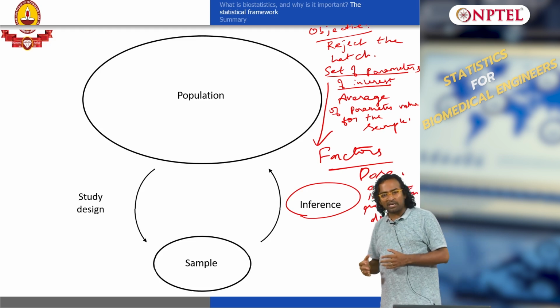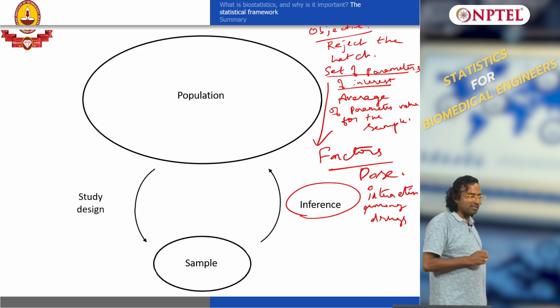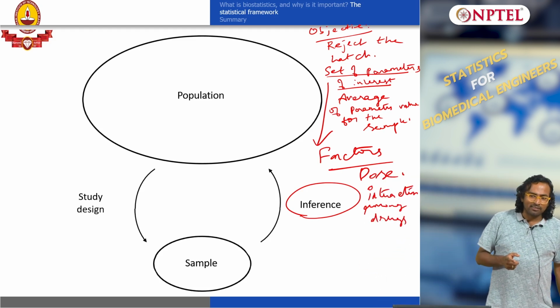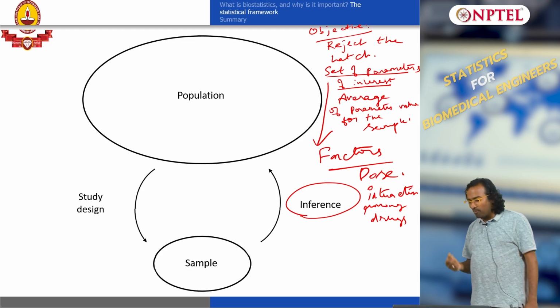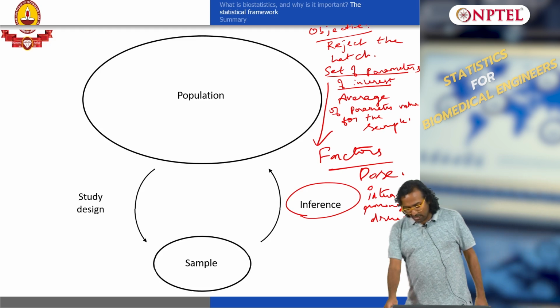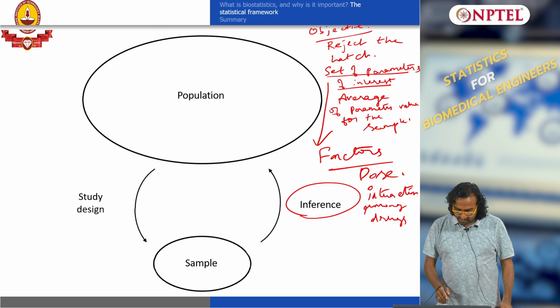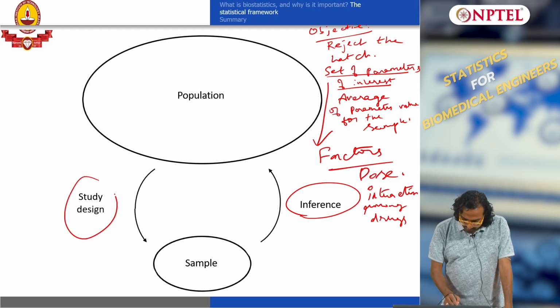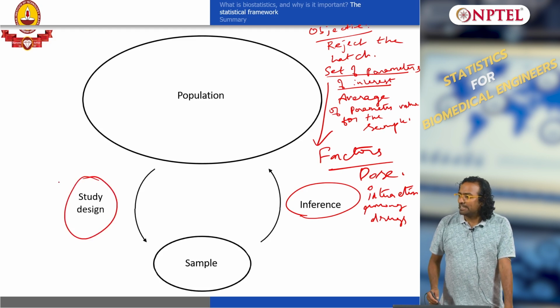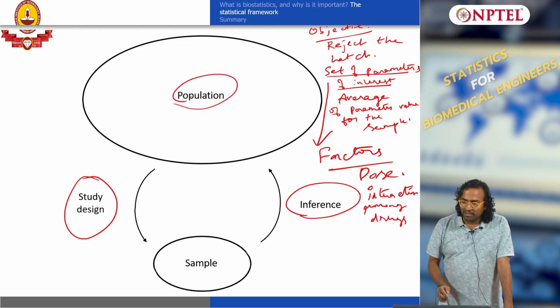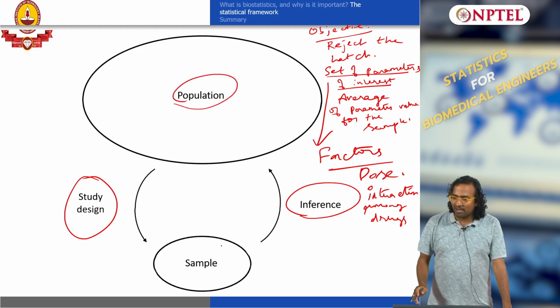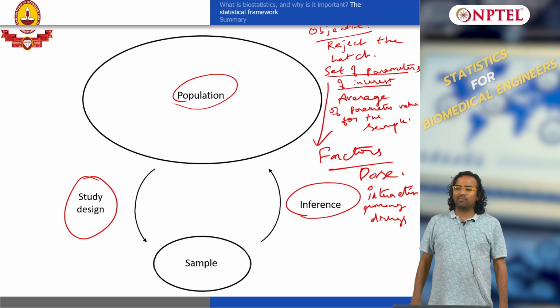So you have an objective, qualitative, try to convert it into quantitative, then you look for factors. Then what do we do? We start with something, before we do an inference. So this all comes under study design, okay. You take a population, and even before taking a sample you have to enumerate all of this. Why?